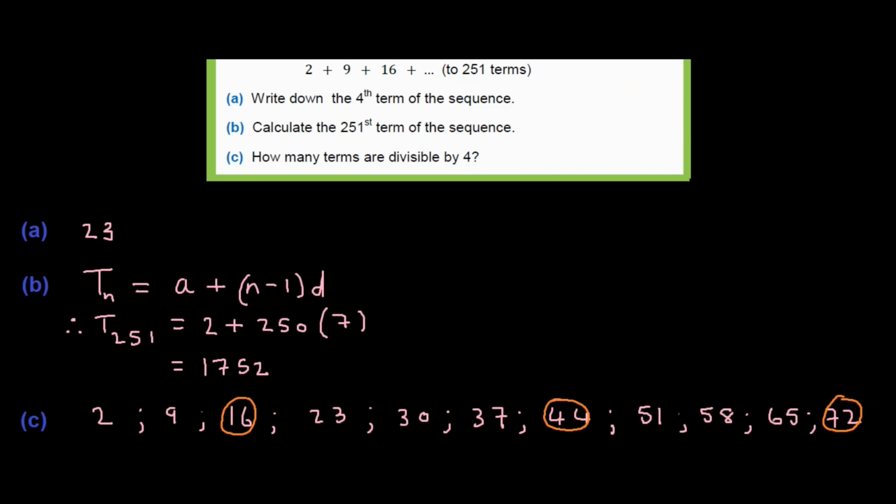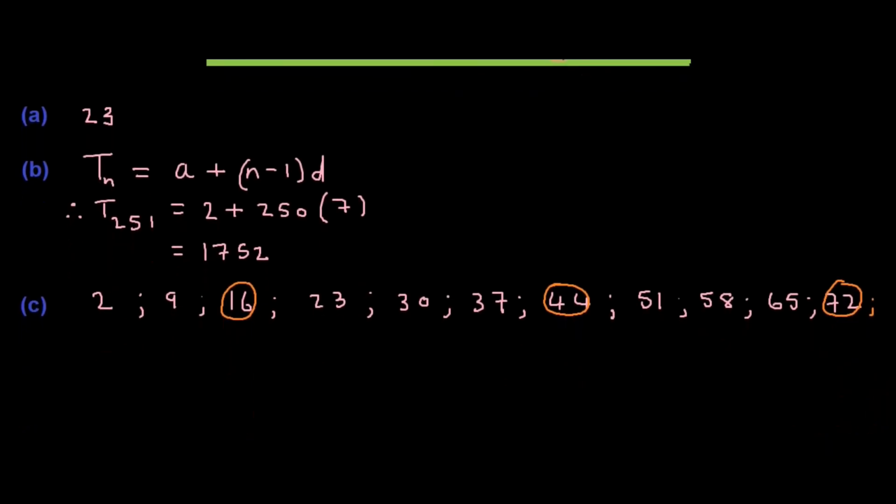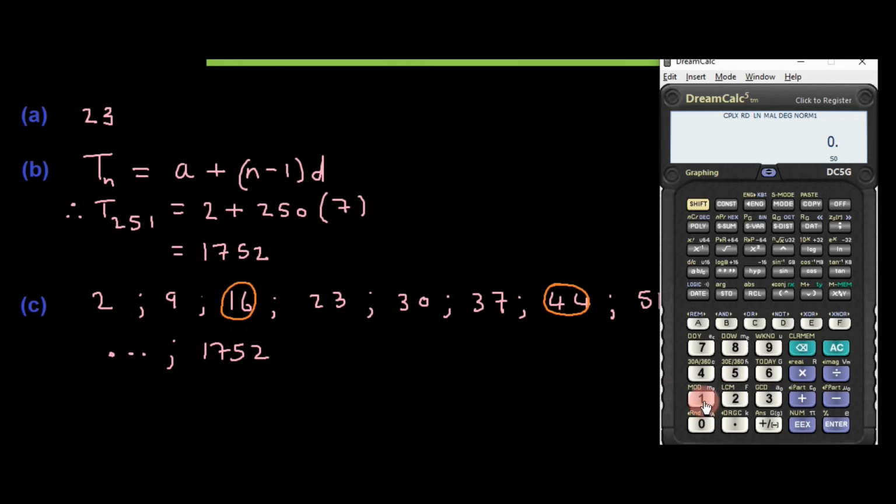So we have at least 3 terms. So then all the way up to the 251st term, which is 1752. Now we can check to see whether this is also divisible by 4. So 1752 divided by 4.